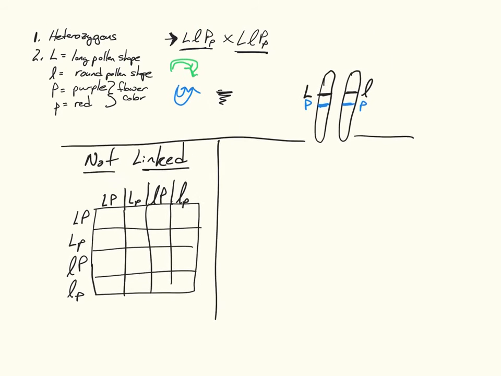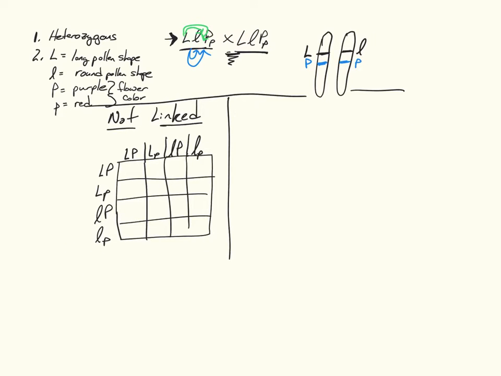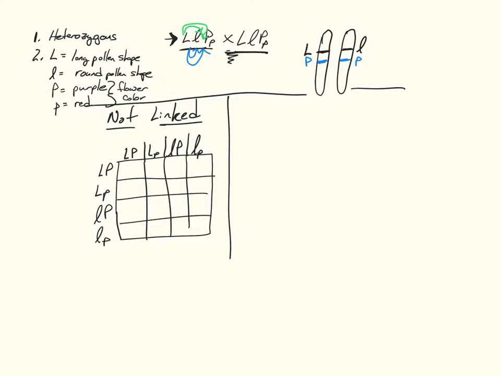What you should do, though, which should be something that you could do easily, is you should remember 9 to 3 to 3 to 1. You should remember that there are going to be 9 big L blank, big P blank. 9 of them.